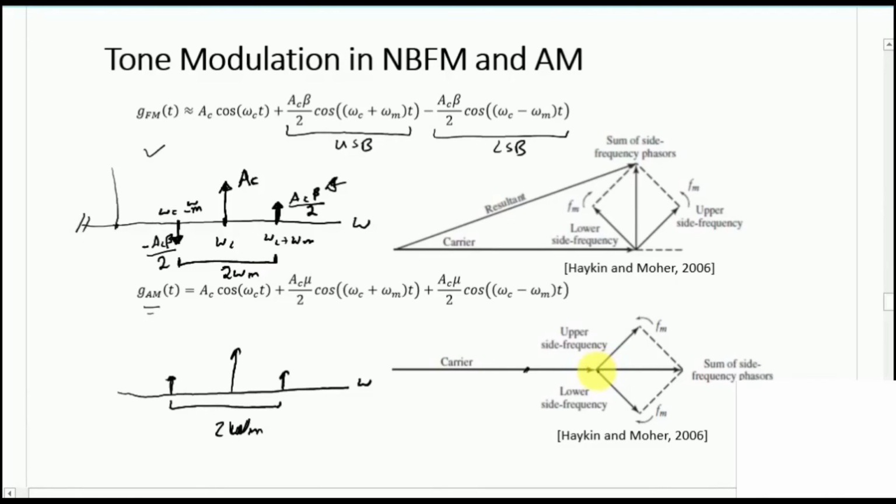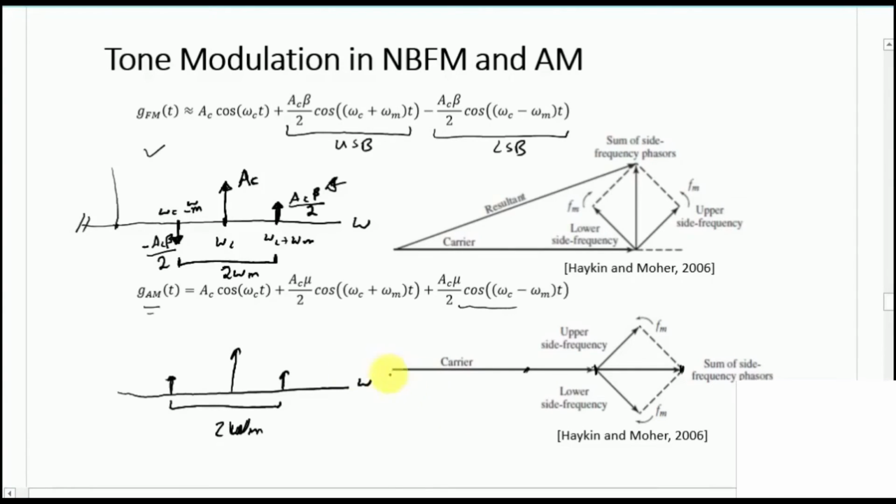And then for the upper sideband, we have a deviation of a phasor towards the upper side, and then for the lower sideband, which is this one, we have the deviation towards the lower side. But the sum of the two, the resultant, would basically add like this, and eventually the carrier for the new signal would have this amplitude. Previously, the amplitude was vanishing here, but right now it would vanish here.